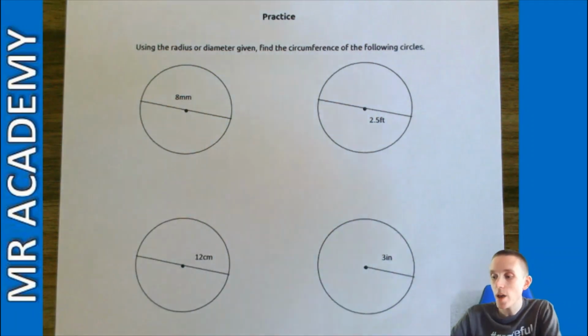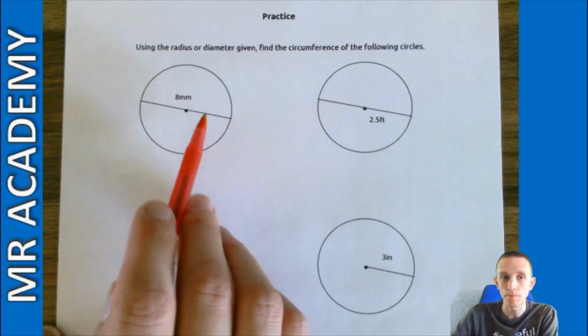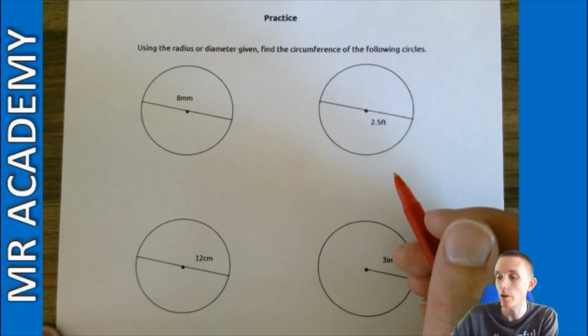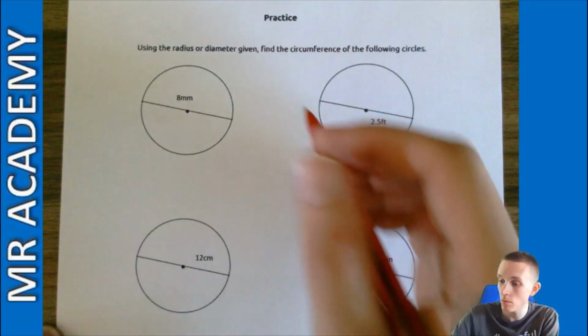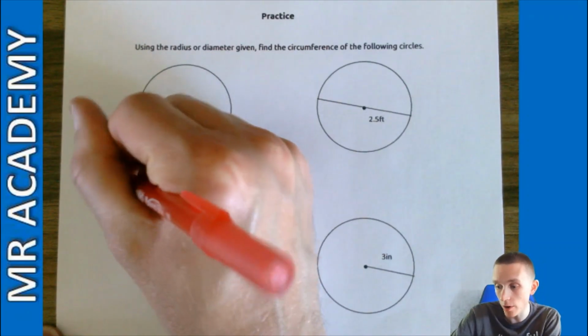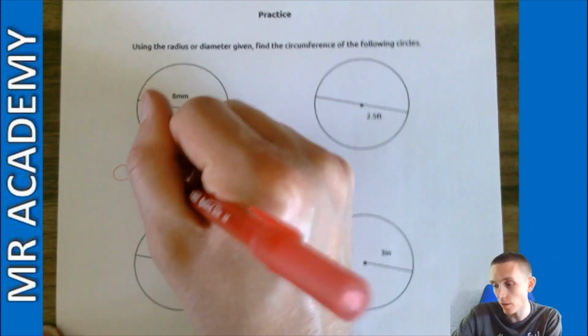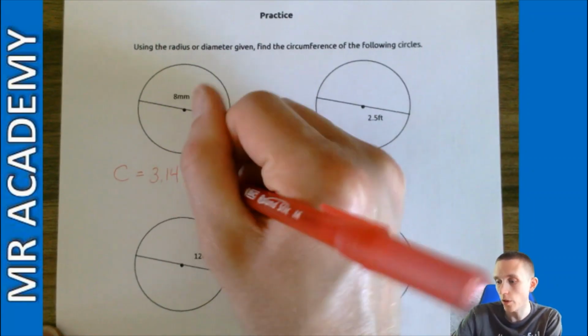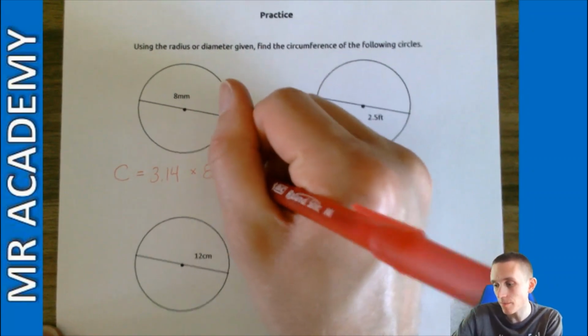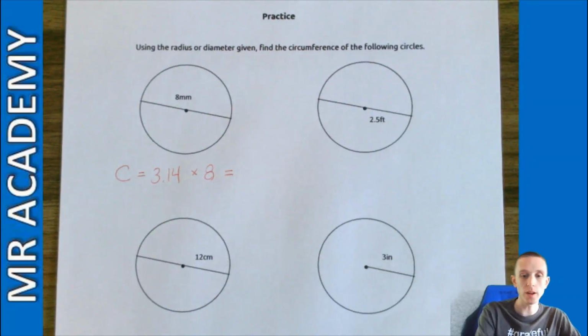So first one, we have the entire distance across the circle. They tell us it's 8 millimeters. So let's just go ahead and fill out what we know. We do not know the circumference. That's what we're trying to solve. We do know pi, again, is 3.14. And we know that our diameter is 8. So once again, I am going to get out my fancy calculator here.